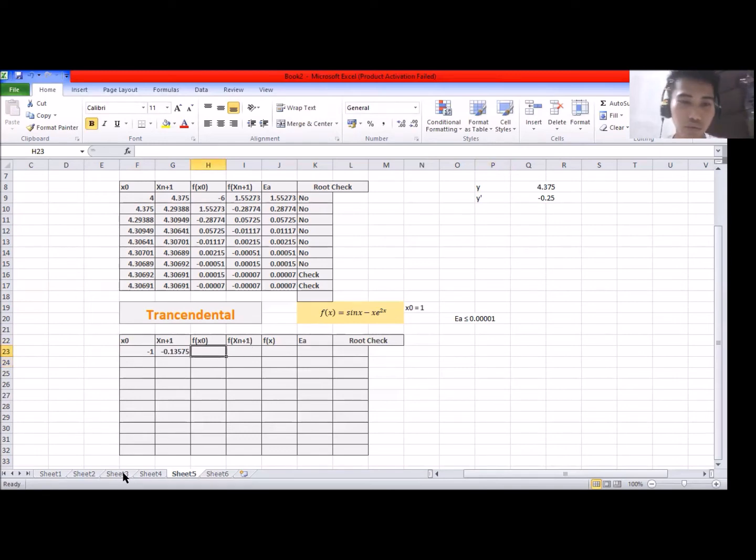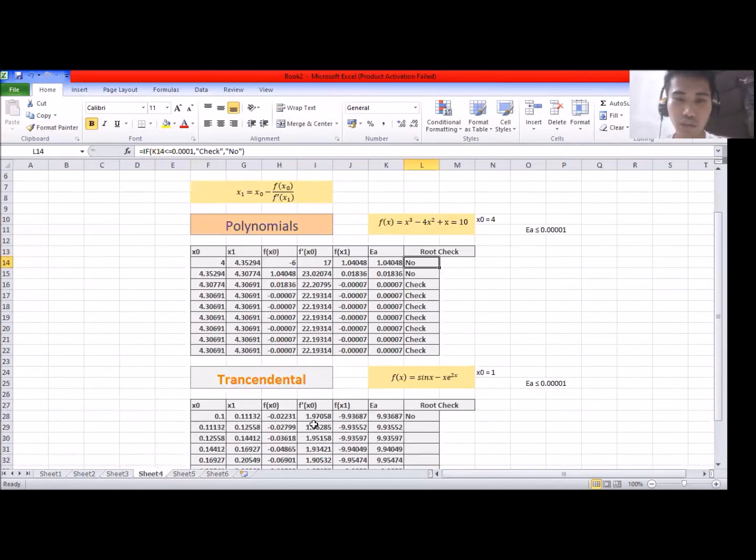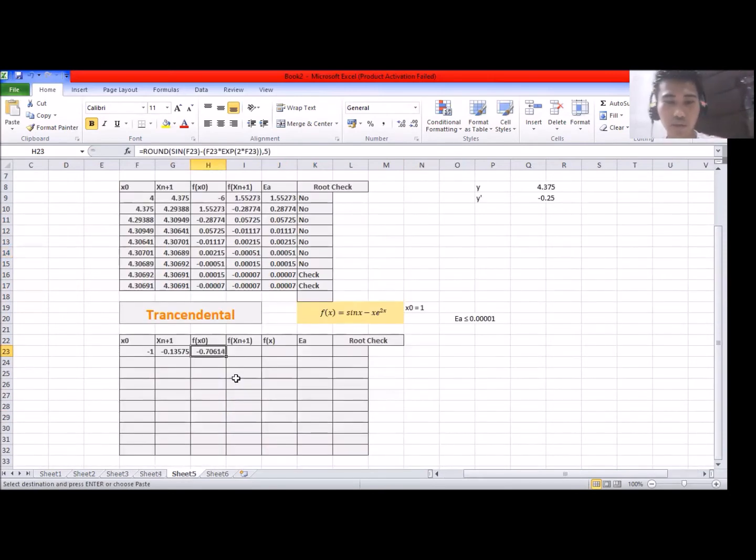So function of x of 1 again. We interpret the functions here. So we have function 10, but so here the function of x of n.